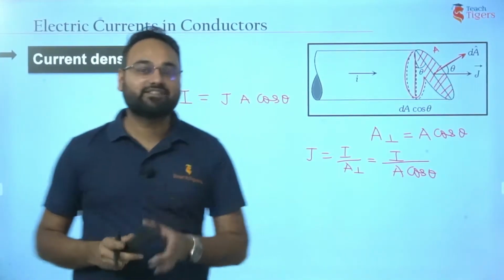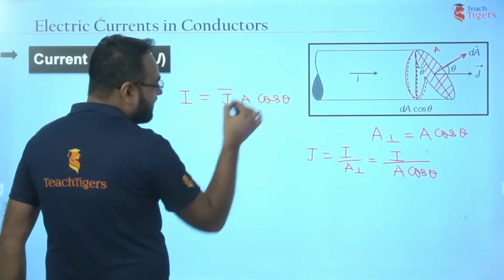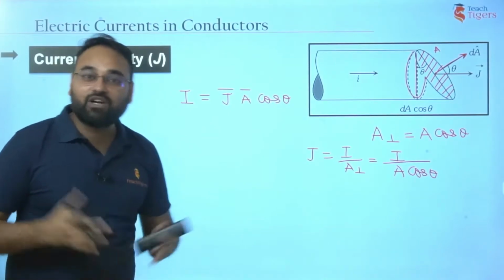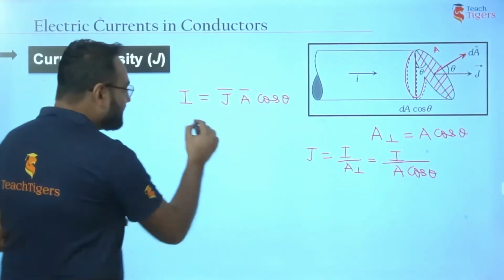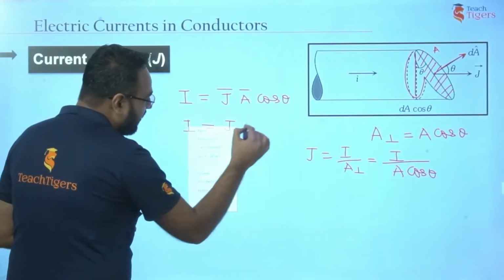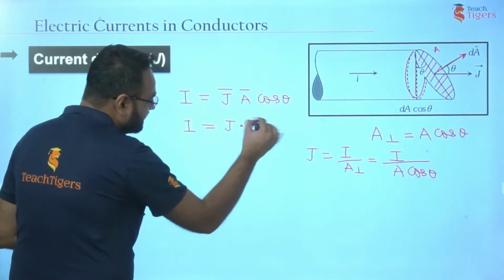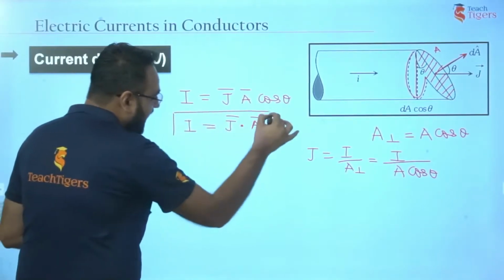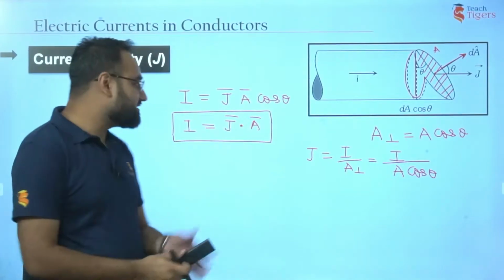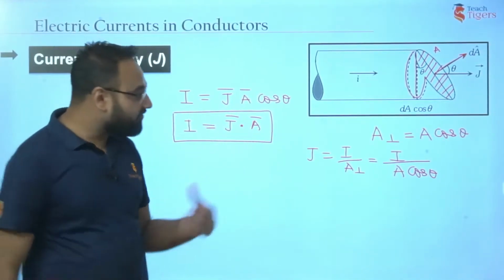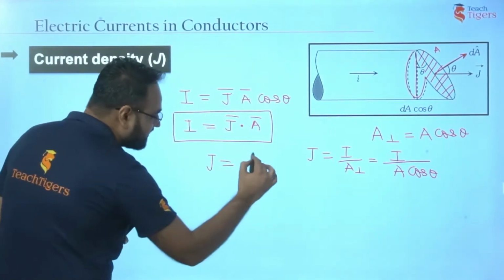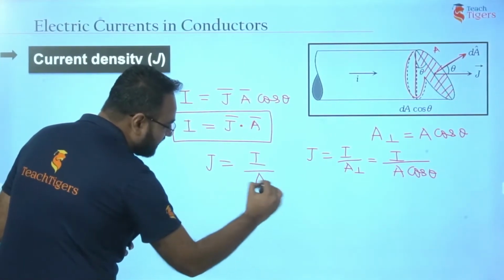So J A cos theta becomes J dot A. That means the dot product of the J vector and the A vector is our current: I is equal to J dot A. And in terms of this, J is nothing but I by A perpendicular.